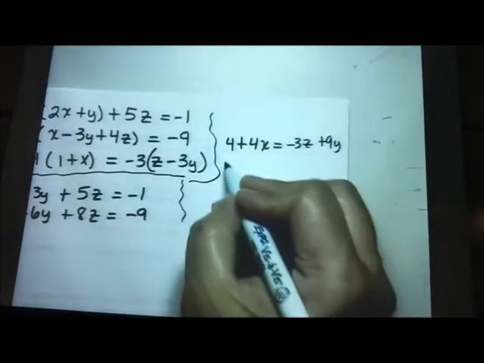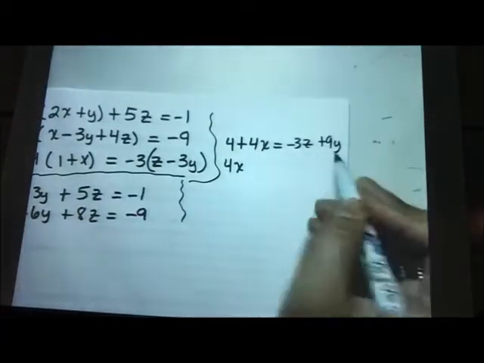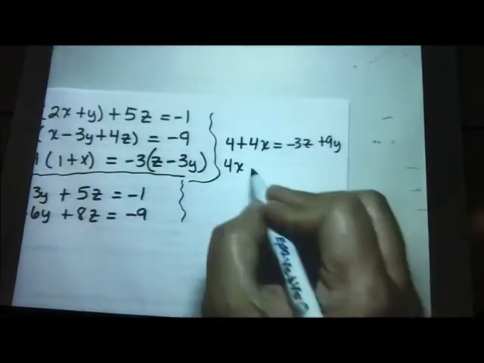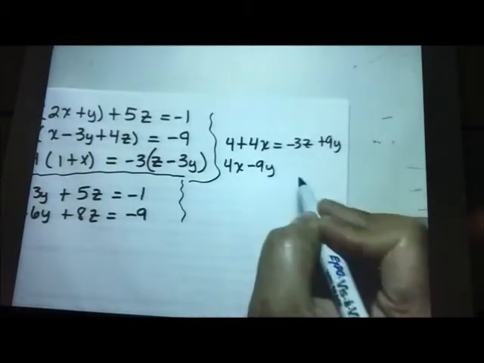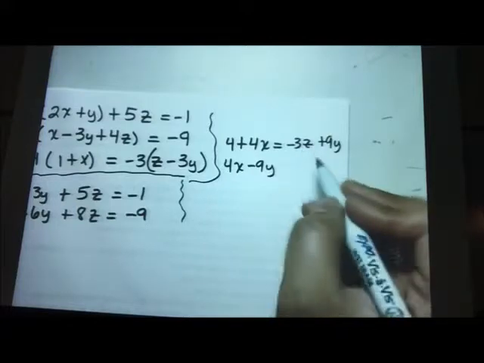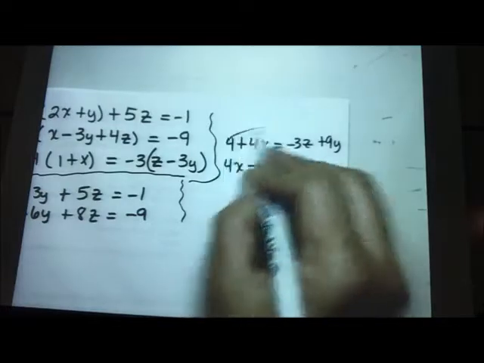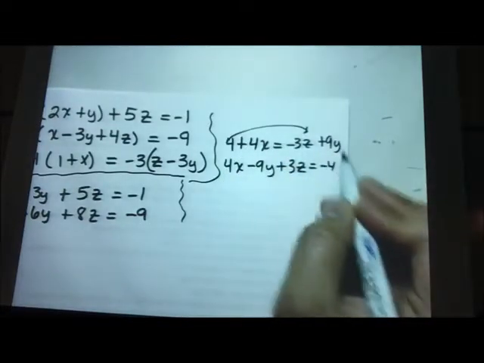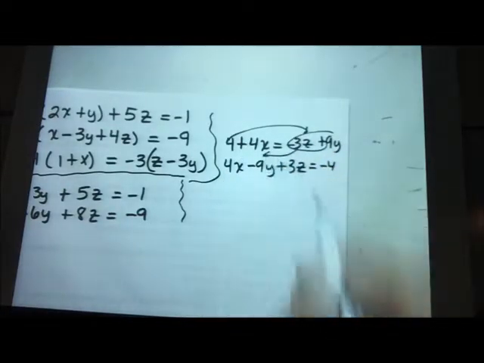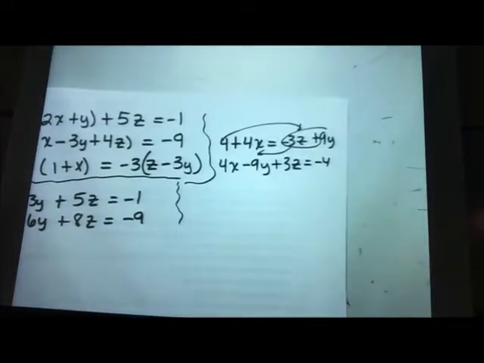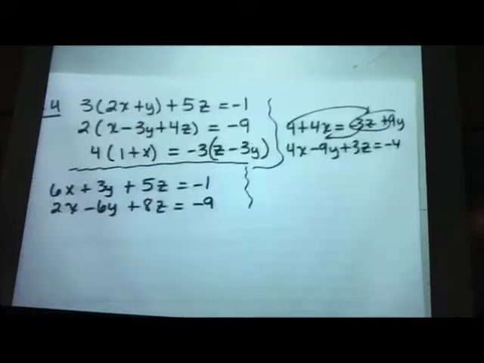So the x is already here, so we're good. We need to move this 9y over, so it becomes a minus 9y. We need to move this negative 3z over, so it becomes a positive 3z. And then we have to move this 4 this way, so it becomes a negative. So these guys go this way, they become the opposite sign. I'm not showing you every step, but hopefully you understand. You move x, y, z to the left side, and you set it equal to the number. So that right there is my third equation.